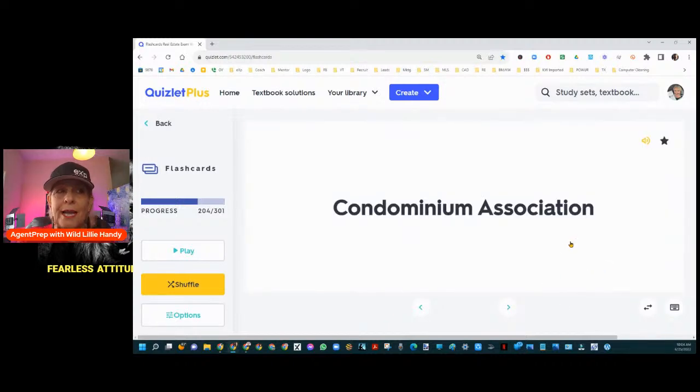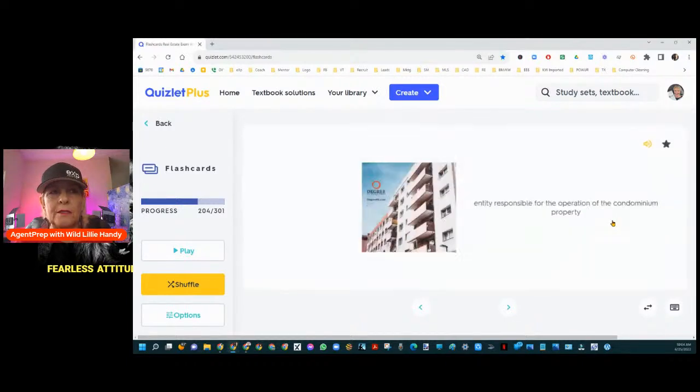Condominium Association. Lots of different types of associations. There's also HOAs, right? But this is for condominiums, which have shared walls and a common area that everyone uses. Entity responsible for the operation of the condominium property.